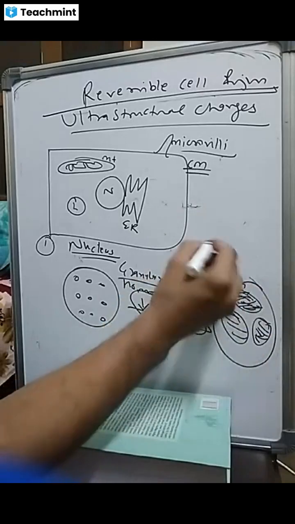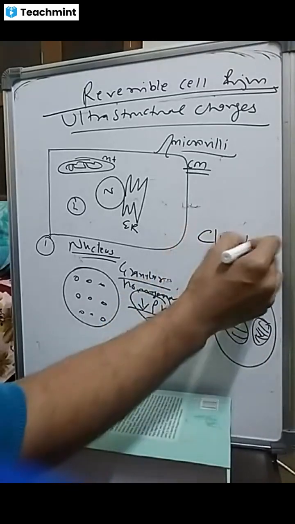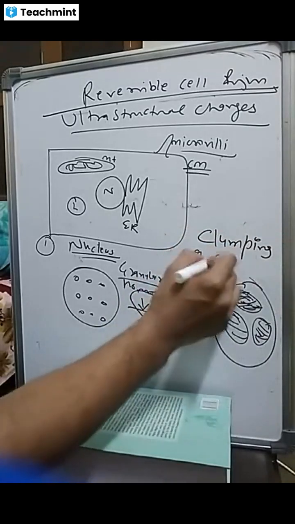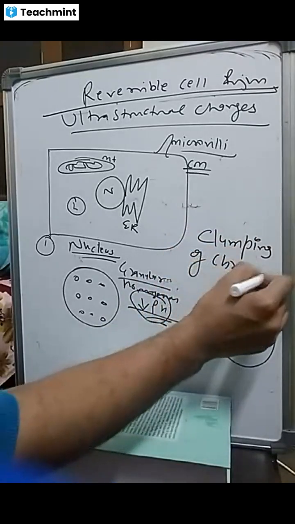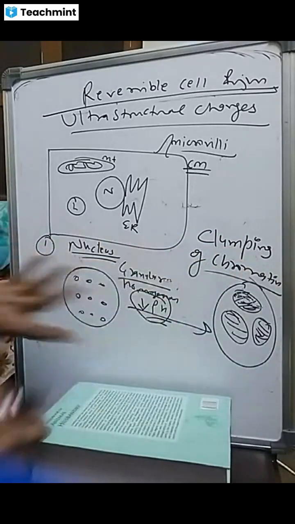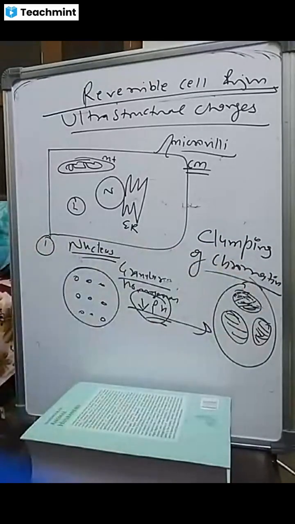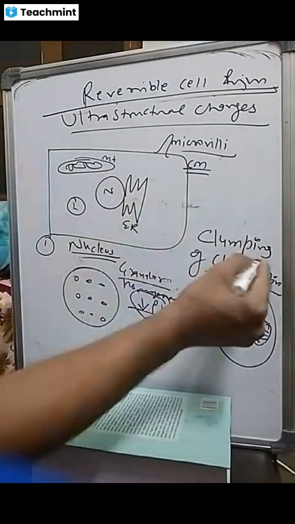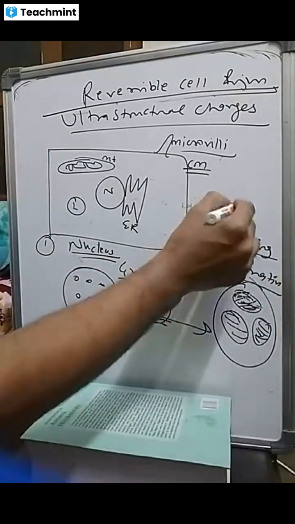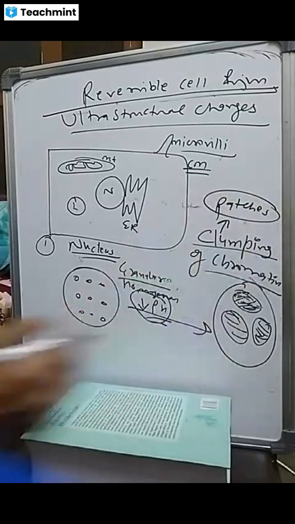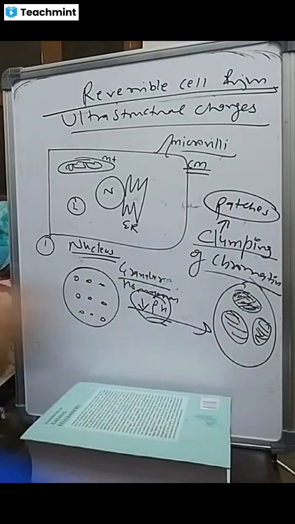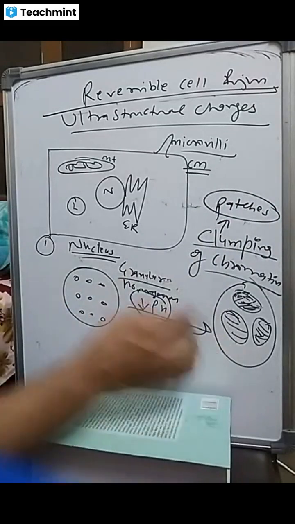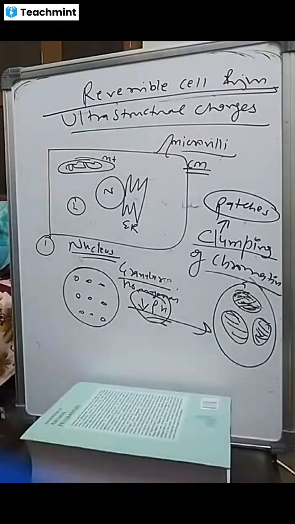This change is called clumping of the chromatin, where the granular material clumps in different patches, losing its granularity and homogeneous nature. So this happens at nucleus level.